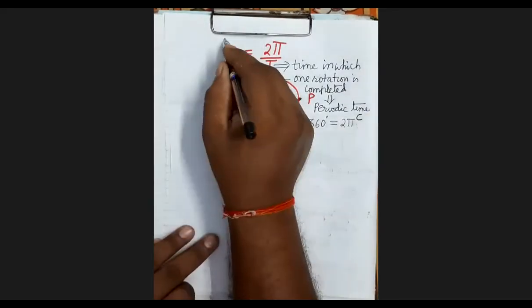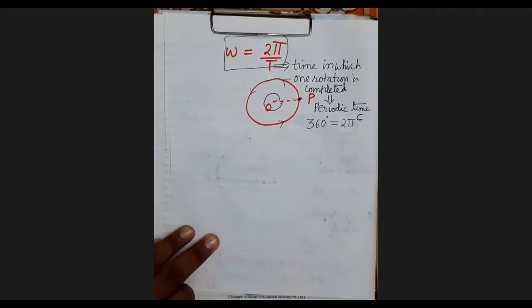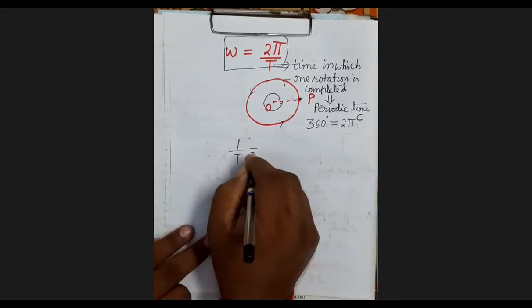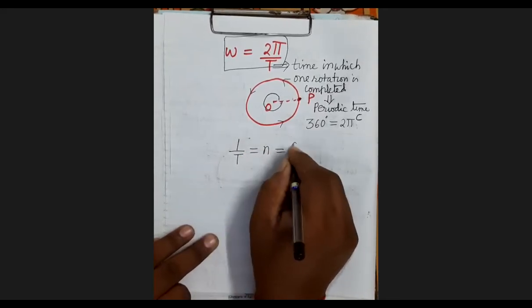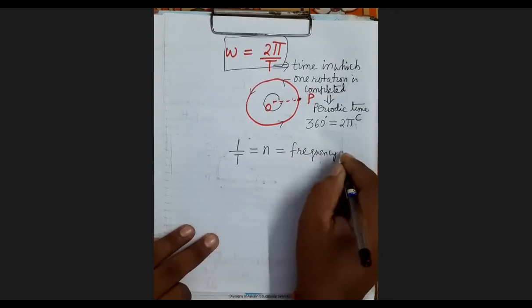So omega equals 2 pi upon T. Now see here, this 1 upon T is equal to n. n is what? Frequency of rotation.